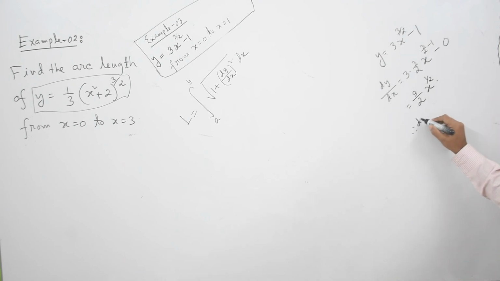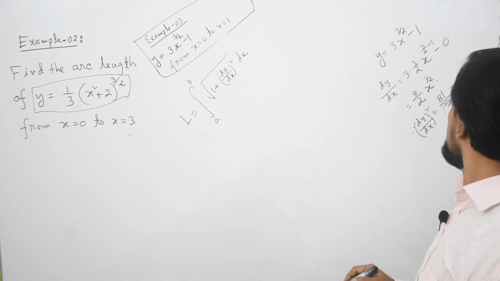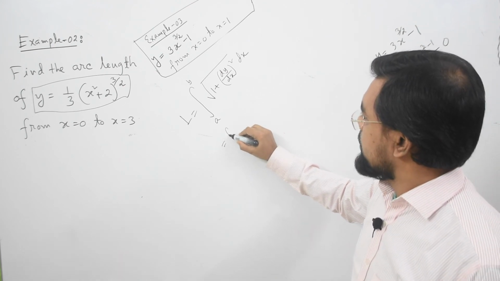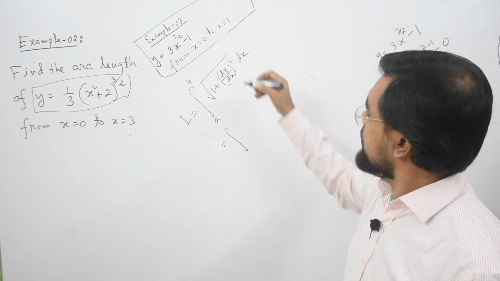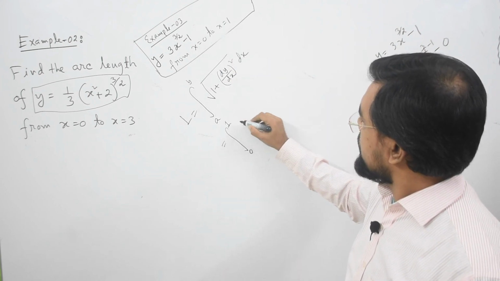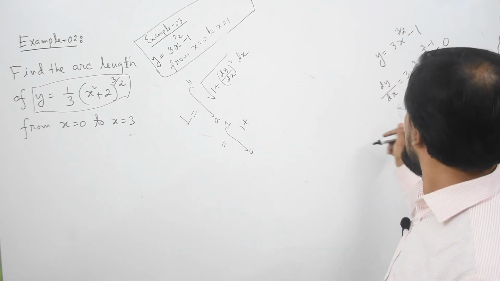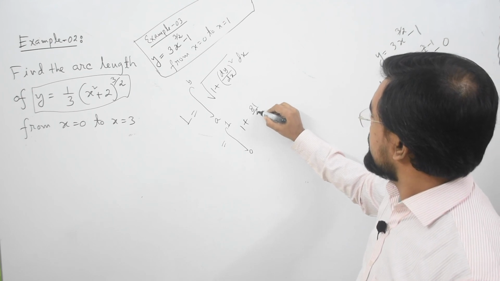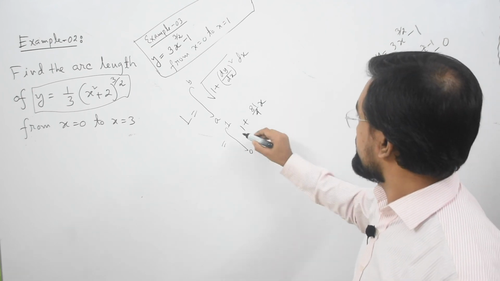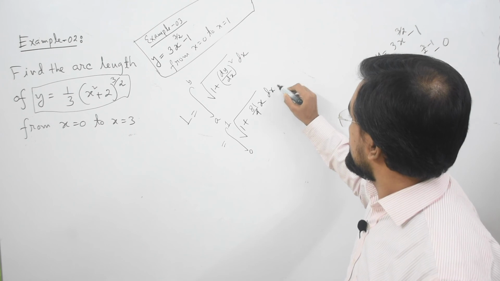So the square of dy dx is equal 81 by 4x. So let us put this result here in the formula. 0 to 1, square root of 1 plus 81 by 4x dx.